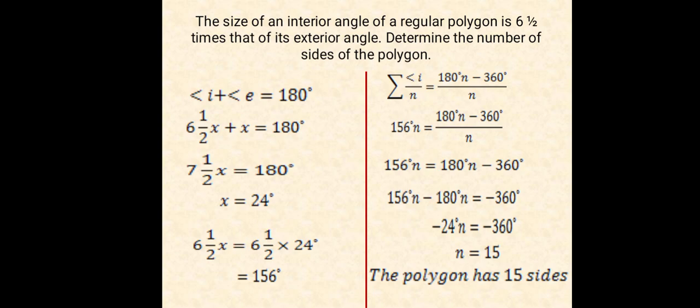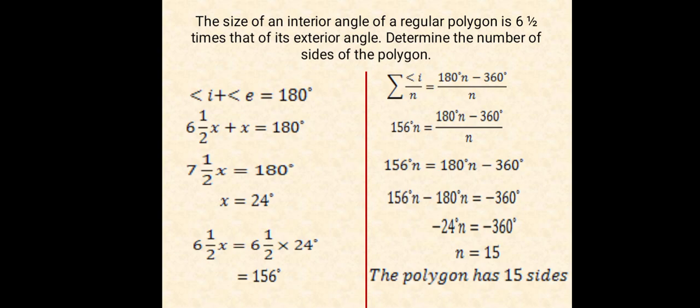The size of an interior angle of a regular polygon is 6.5 times that of its exterior angle. Determine the number of sides of the polygon. Now if you add one interior angle plus its exterior angle, we should get 180.